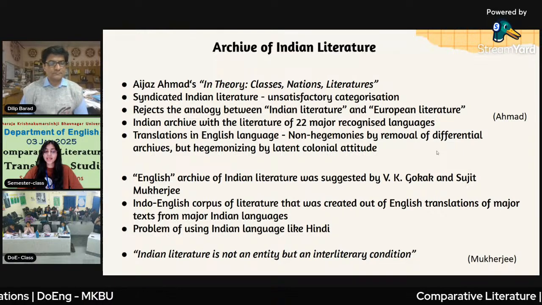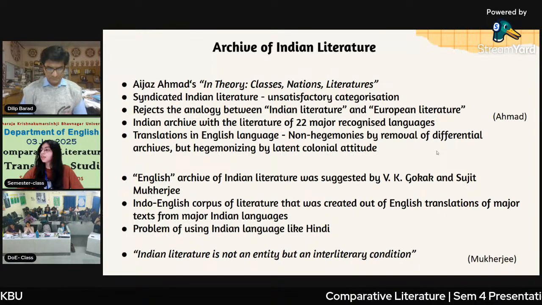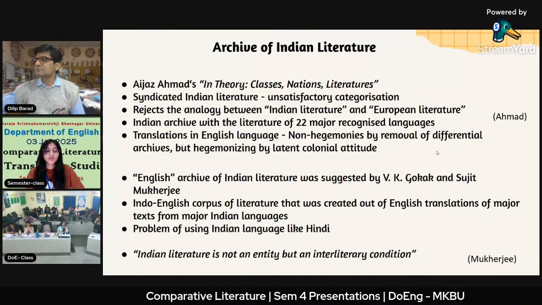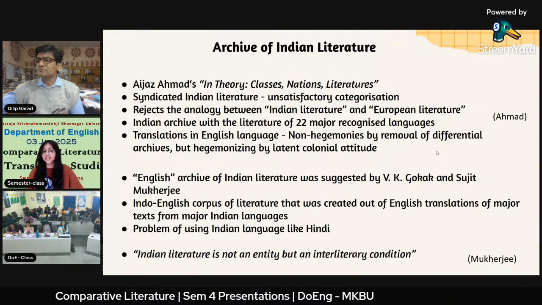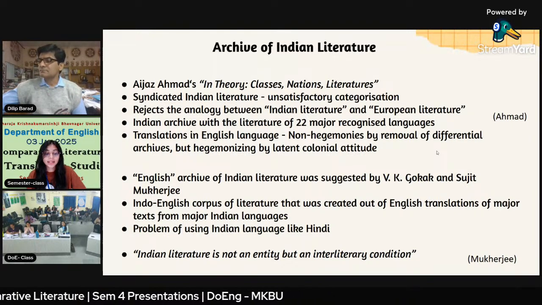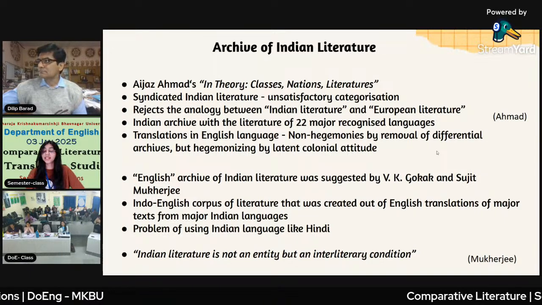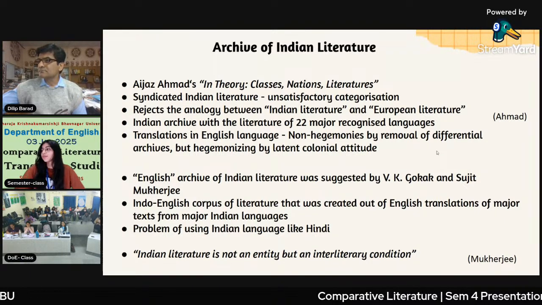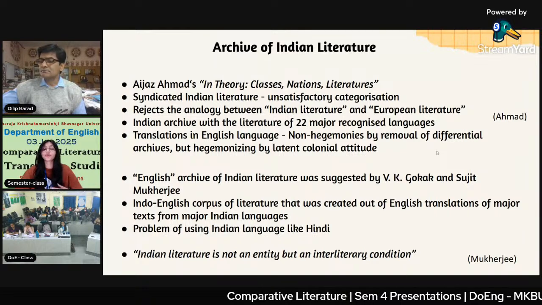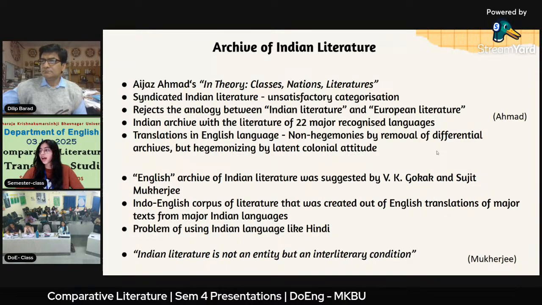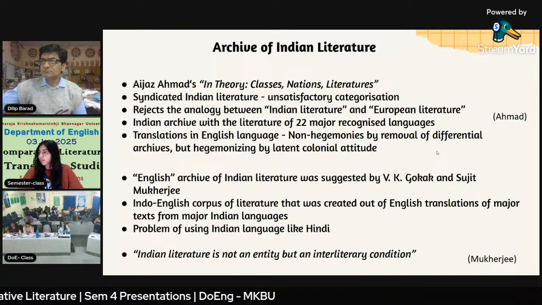And because of this, as we saw, minor languages are often ignored or not counted. So this happens in syndicated Indian literature. And Ahmad also goes on to say that Indian literature has archives of 22 major recognized languages. So there is this difference in archive, and he suggests that we should make one archive.